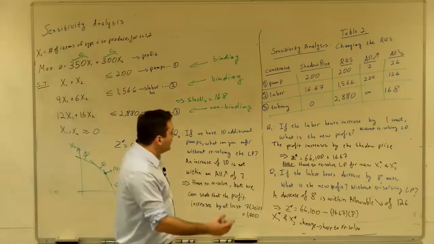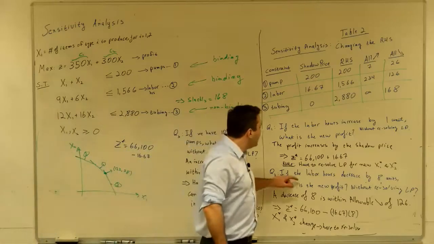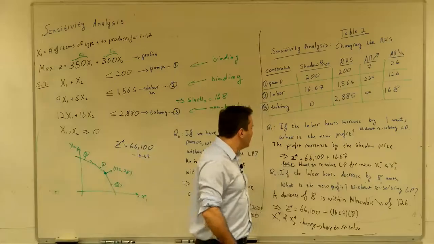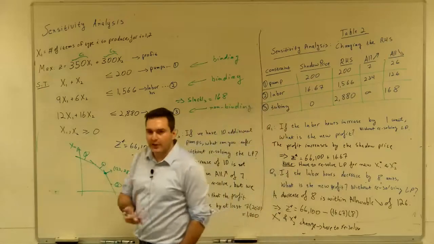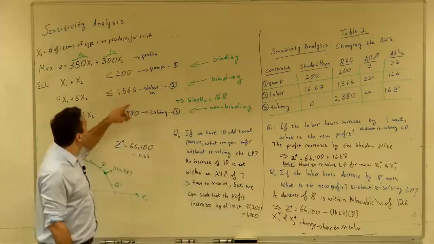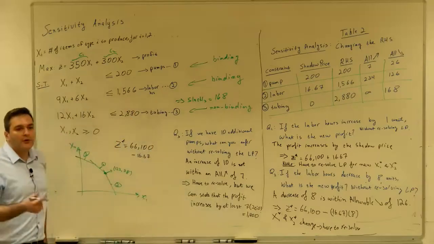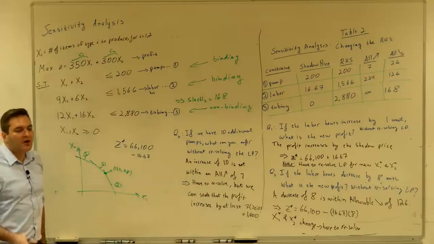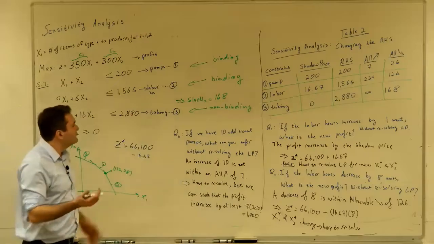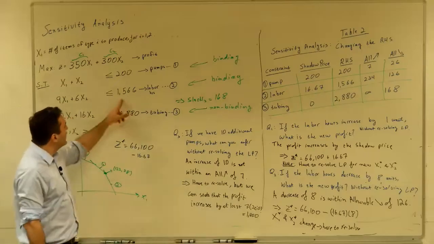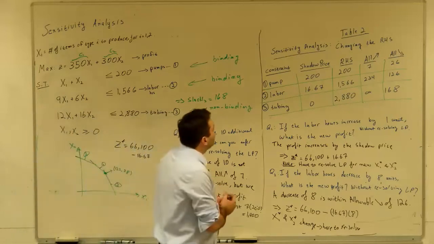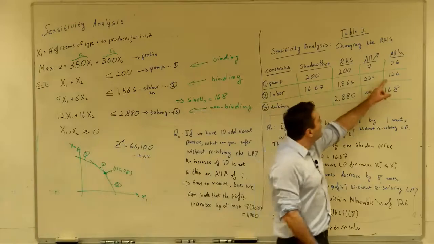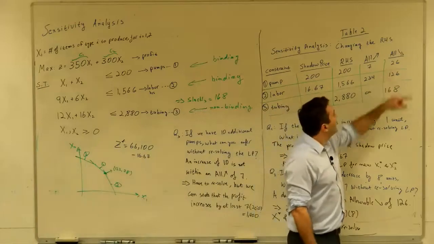Maybe another question. Question 2 states, if the labor hours decrease by 8 units, what is the new profit without resolving? Let's say by 8 hours. Let's say an employee who works an 8-hour day shift misses a certain day of work. This goes down by 8. And now, to be able to use the shadow price, I have to check that a decrease of 8 is within the allowable decrease.